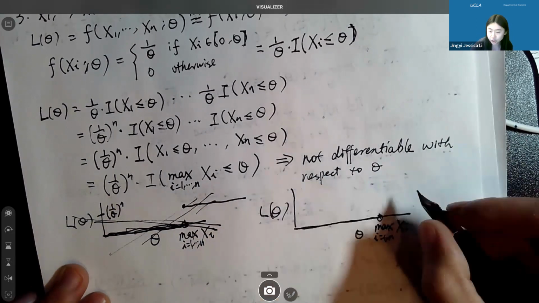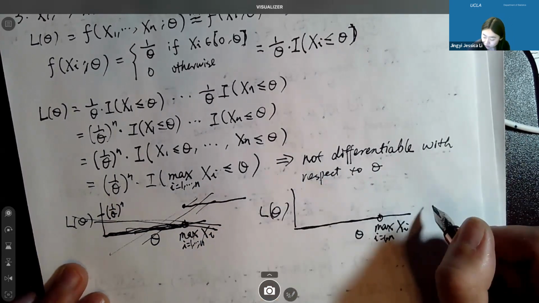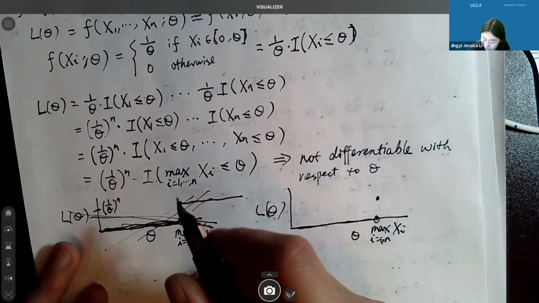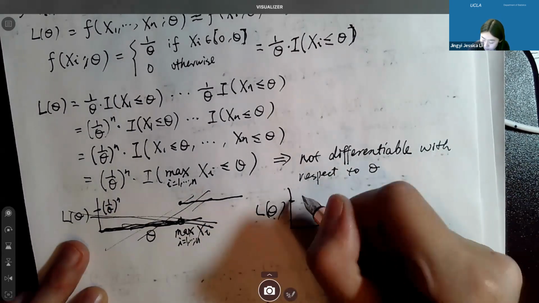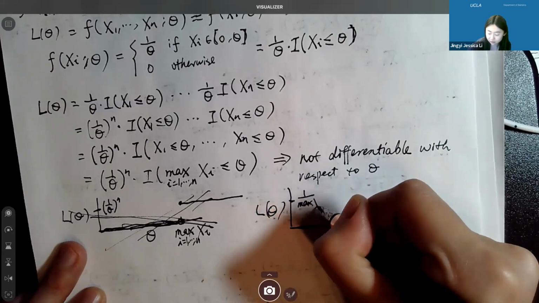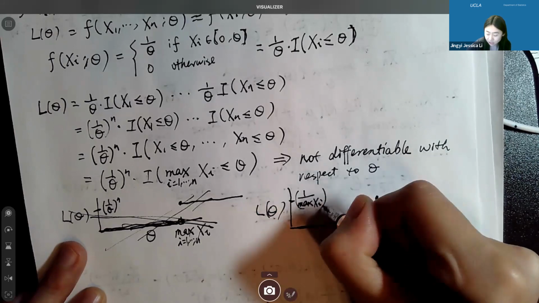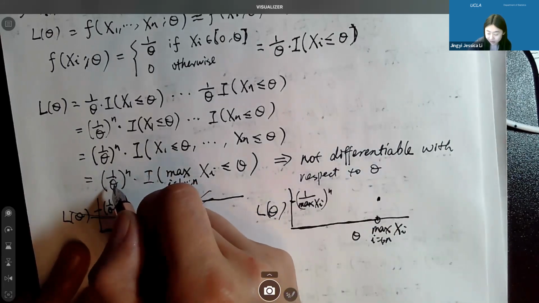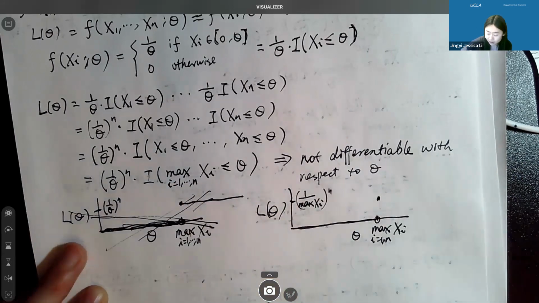So with theta reaching beyond this point, you will get here. Here it will be equal to 1 over the max x_i to the power n, because that's the value of theta. And then after that, it will change in the trend of 1 over theta to the n.